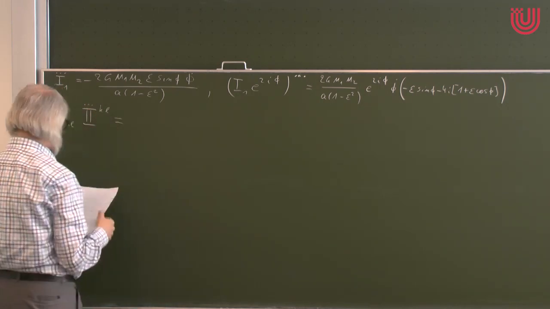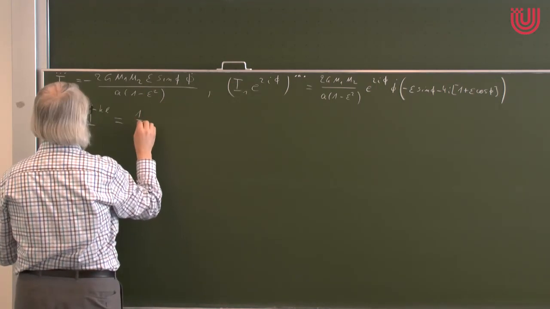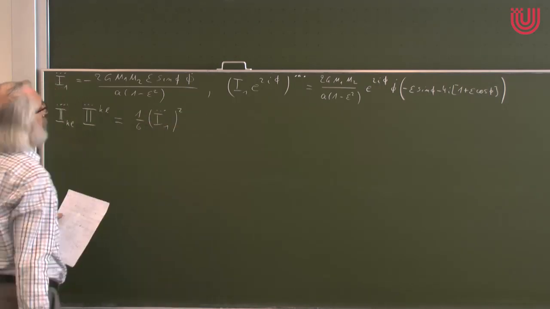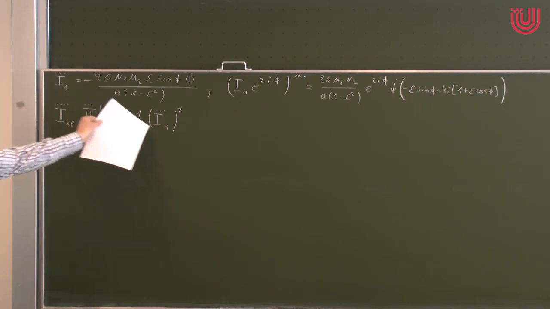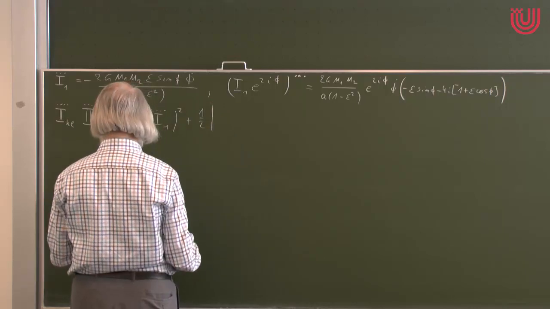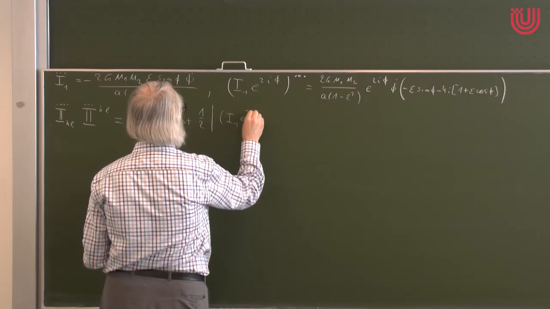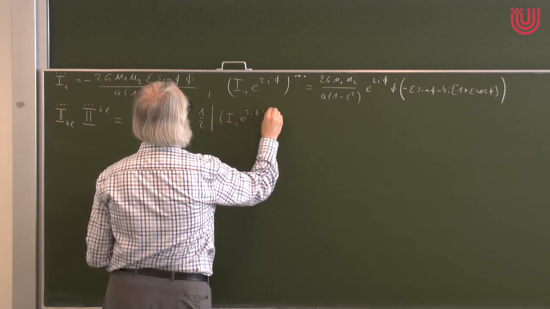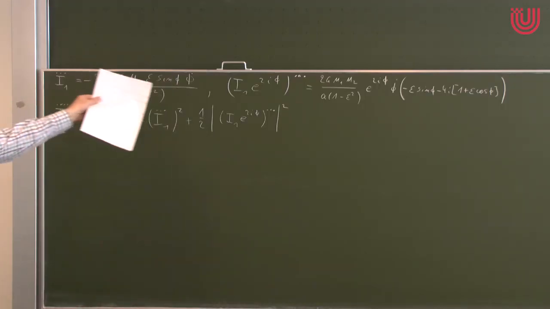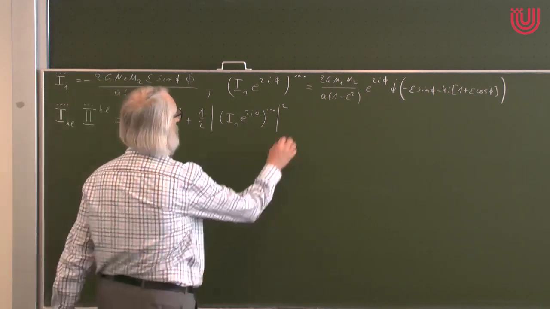And I had shown you last time that this is given by these two expressions: 1 over 6 I1 triple dot squared, so this thing gives us the first term, and then 1/2 the absolute value of I1 e to the 2i phi triple dot squared. So that's the reason why we calculated these two expressions, right? Because they give us this expression, which is the one we actually want to know.